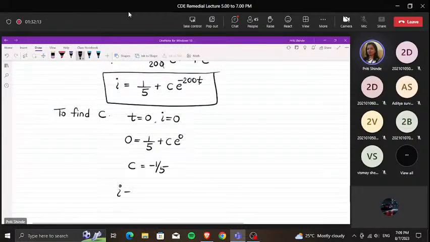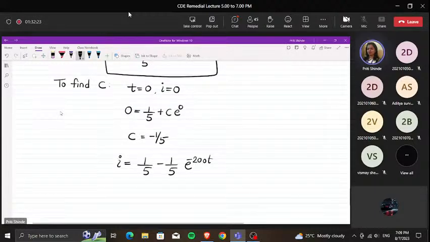So i is equal to 1 by 5 plus c, where c is minus 1 by 5, times e raised to minus 200t. We can take 1 by 5 common: 1 by 5 times 1 minus e raised to minus 200t. This is your final solution.